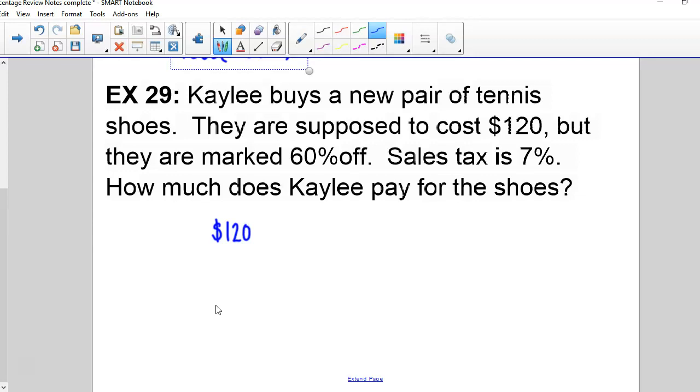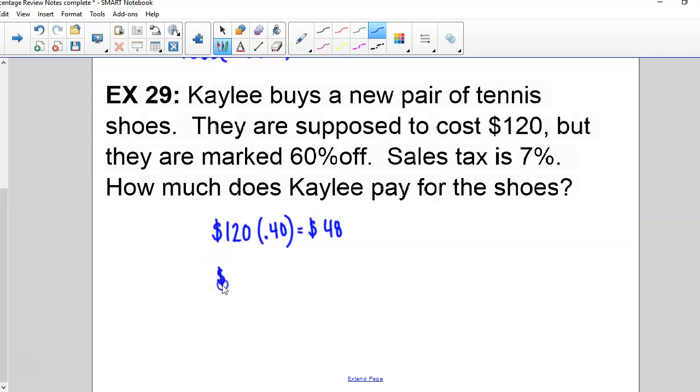So for this one, Ian, what would I do first? Start off with $120. What would you do first? Very good. And why'd you do 40 instead of 60? Very good. And what did you get whenever you did that? $48. Okay. So the sale price is $48, but you still got to pay sales tax, right?